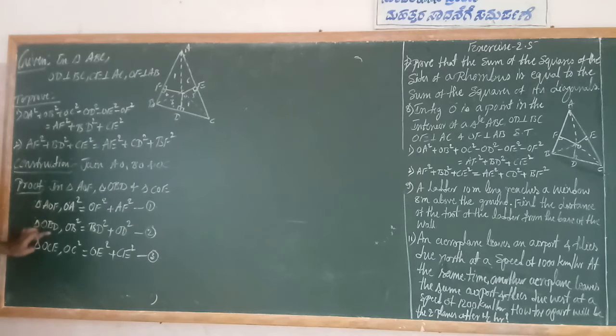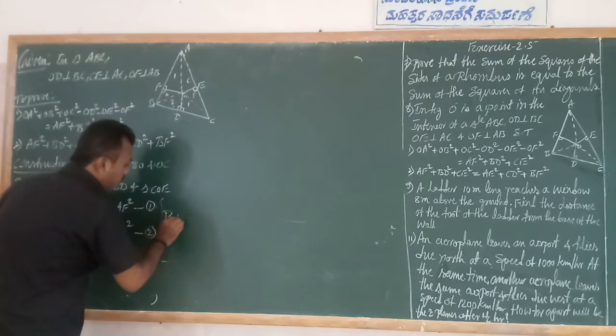So adding 1, 2, 3. See, OA square plus OB square plus OC square. You should add, then you will get it. We are using the Pythagoras theorem.